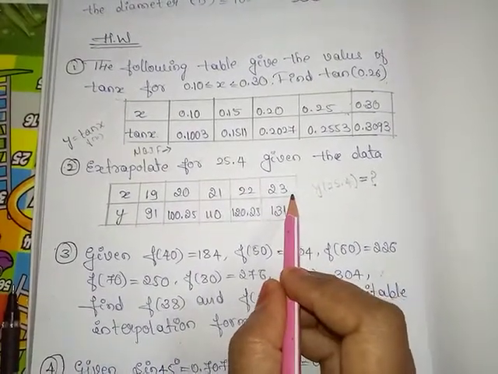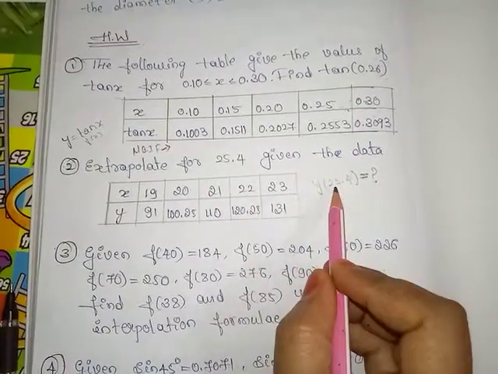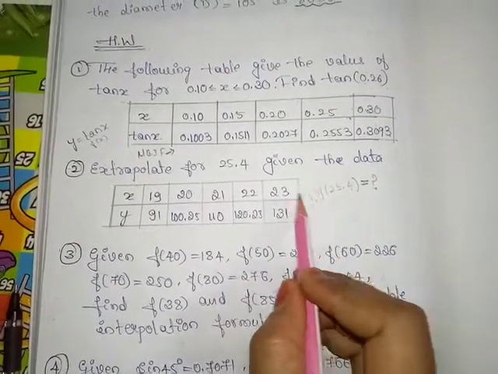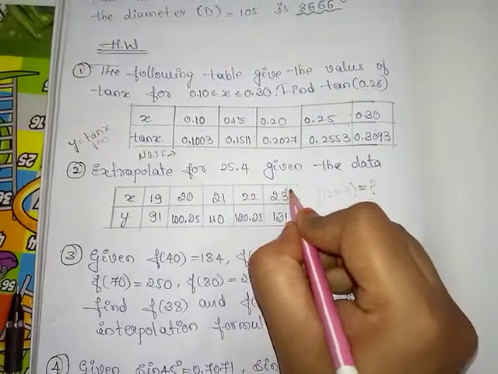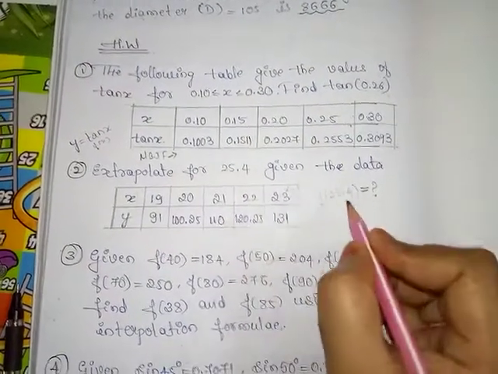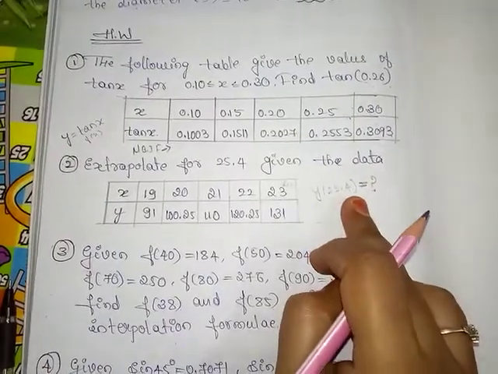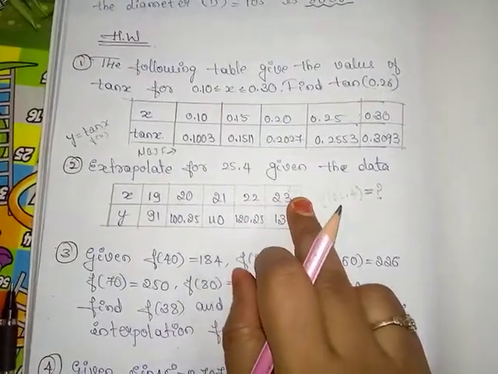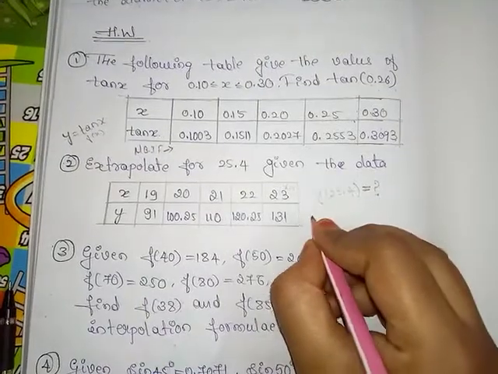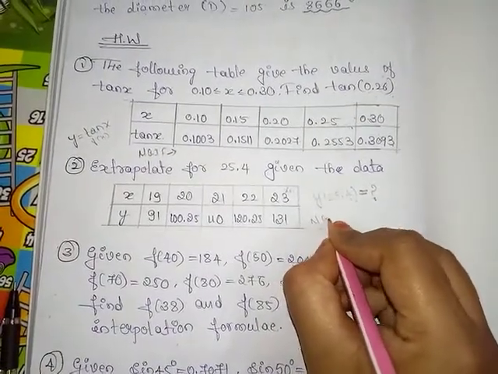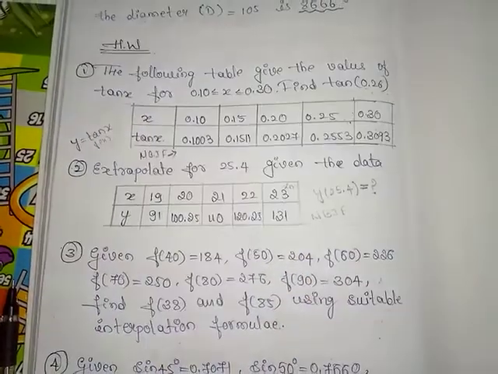It is not in our given range, but it is near to xn. Here 23 is our xn. So y of 25.4 is near to xn, therefore here also we have to use Newton's backward interpolation formula.